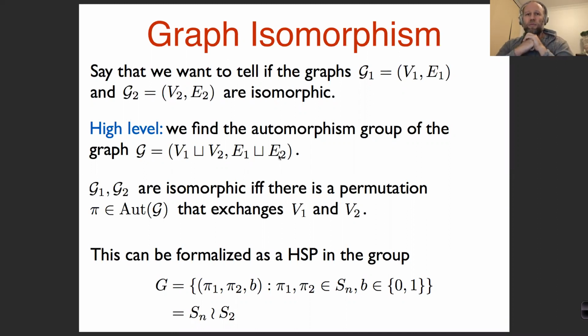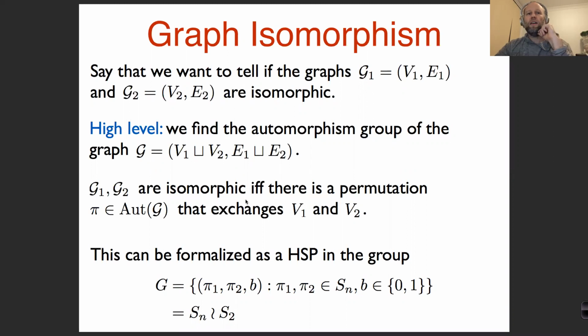Now we look at the automorphism group of this new bigger graph. If G1 and G2 are isomorphic, then there's going to be an automorphism that maps V1 to V2 and vice versa, V2 to V1. So if we can solve the automorphism problem of this graph and figure out what the automorphism group is, then we can look at that group and see if there's an element which maps V1 to V2 and vice versa.